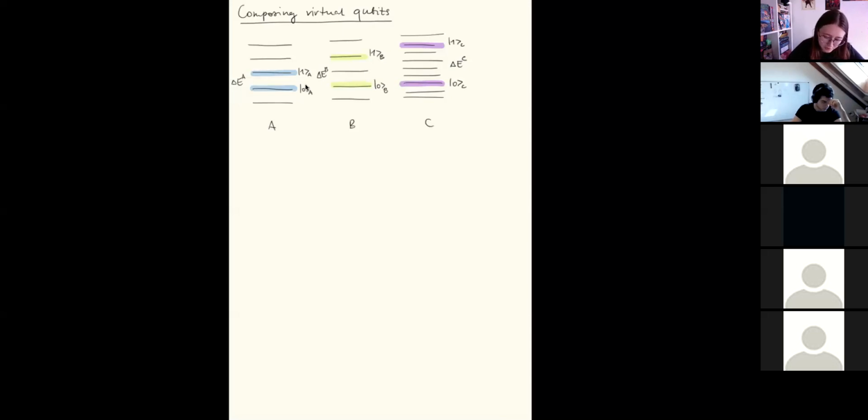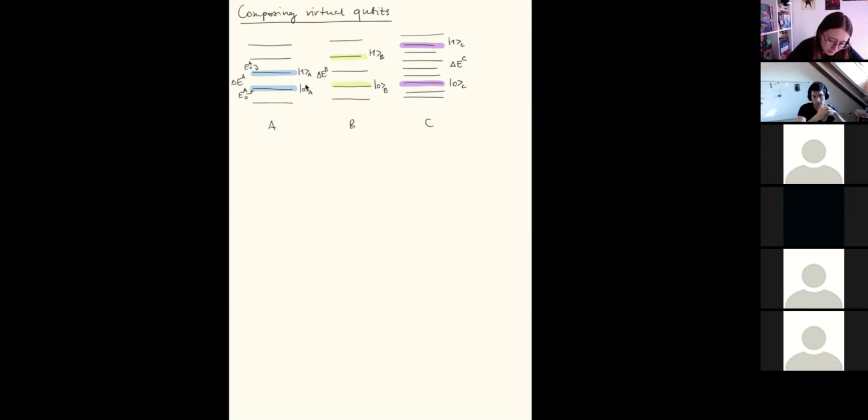Okay, and then the corresponding energy levels, the eigenvalues of these eigenstates, we'll just label as E0A, E1A, and the same for the two others.